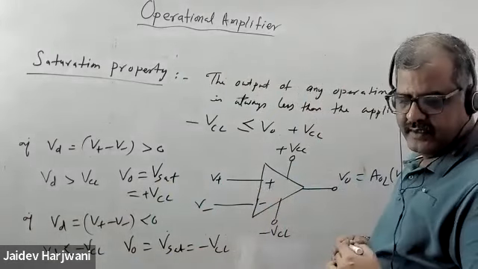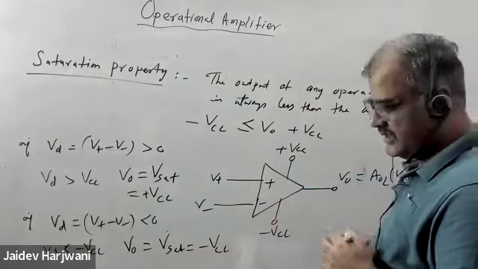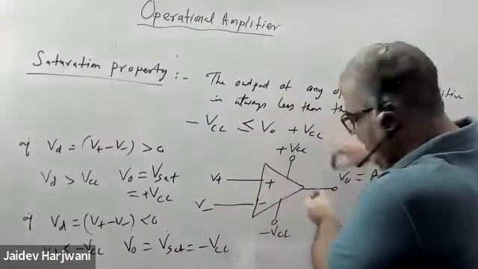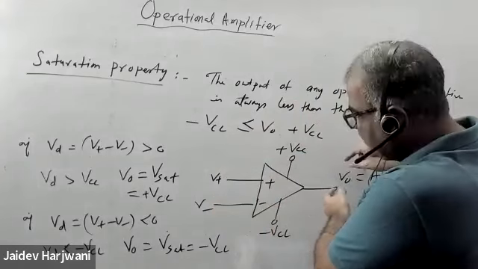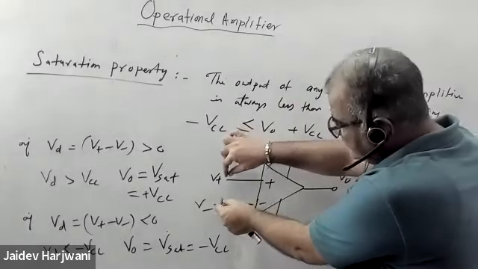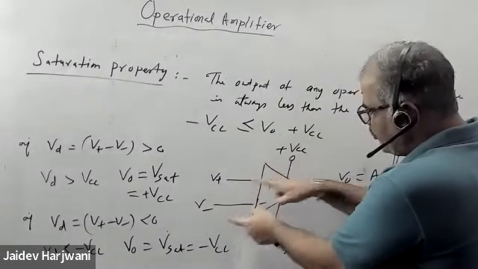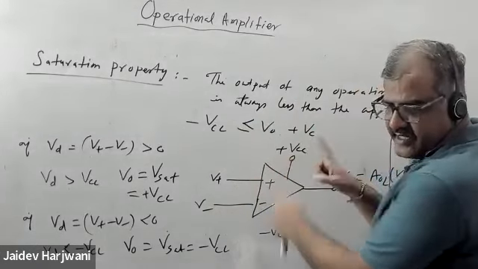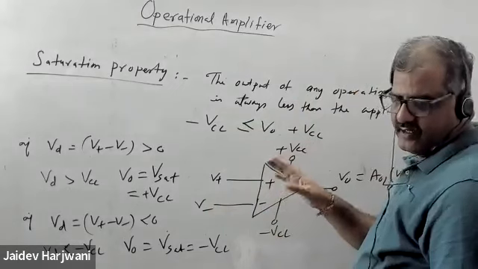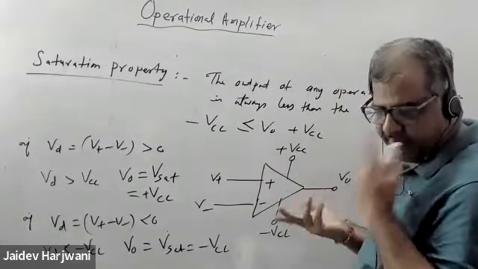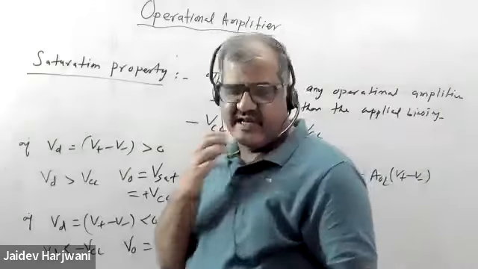So what I'm trying to say, you apply here some signal, that signal gets amplified here. But whenever the gain is such that the output becomes greater than that one, then the output will get saturated. Output will not go beyond your VCC biasing value, otherwise there will be a violation of energy conservation.